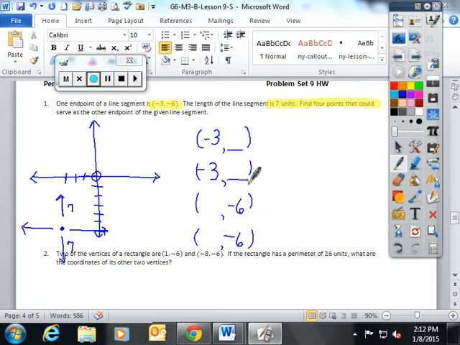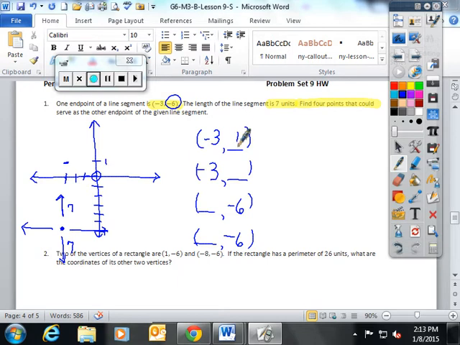Now here is where I have to find the other missing values. So this is a little tricky, but I know students can do it if they set their mind to it. They have to go 7 units away from negative 6. If I went 7 units vertically upwards from negative 6, this would be negative 6 units, and if I went one more to get 7 units away from that, I would be at positive 1.